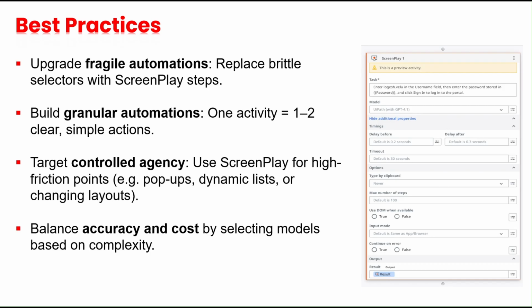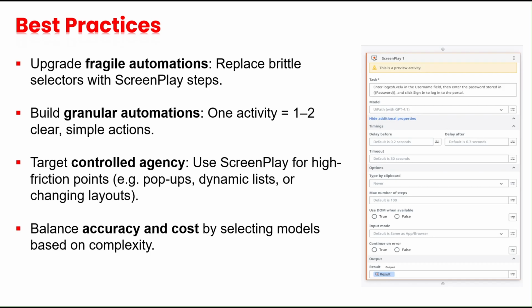Let's wrap with a few best practices. First, upgrade fragile automations. Swap brittle selectors for ScreenPlay steps where things keep breaking. Second, keep it granular. One ScreenPlay activity should do 1 or 2 clear actions. Smaller steps equals better accuracy and easier debugging. Third, aim for controlled agency.